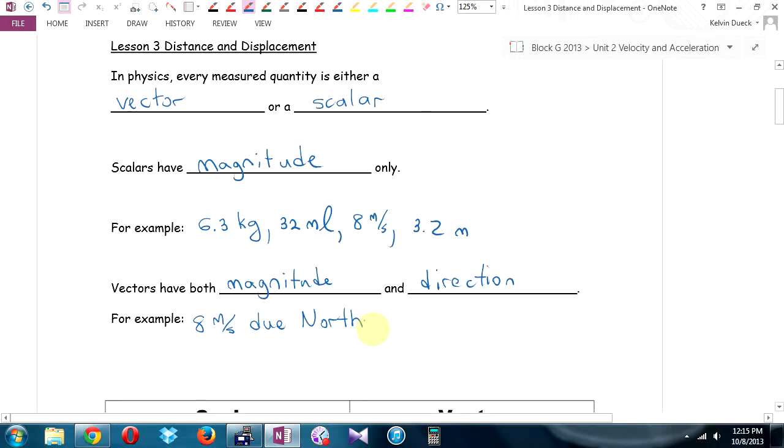Magnitude and direction. Oh, you want to get really intent, very specific on a direction? How about 3.2 meters at, that's an at symbol. I know I have trouble drawing that, but that's an at symbol. 40 degrees north of east.